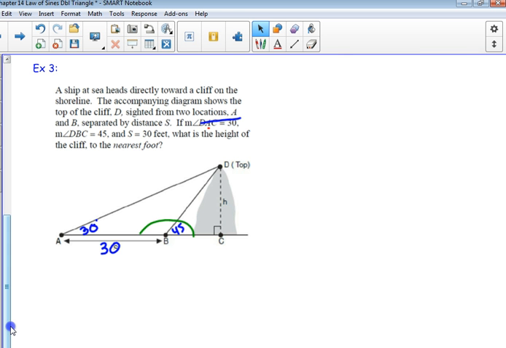You want to use just this triangle first. This is the first part, right? So we want to use just this triangle first. Look at what Reggie found.